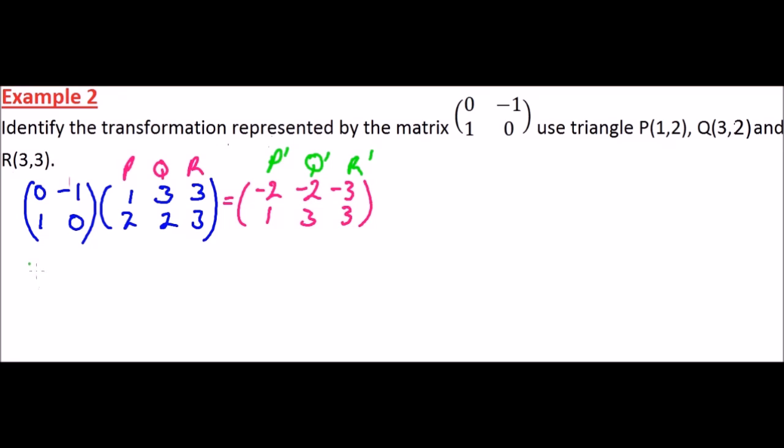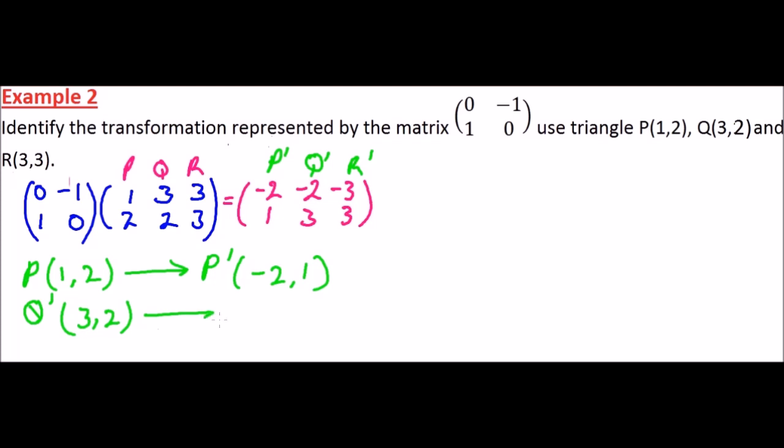That is, we have P. P is 1, 2. It is transformed to our P prime, which is minus 2, 1. Our Q, the coordinates of Q are 3, 2.